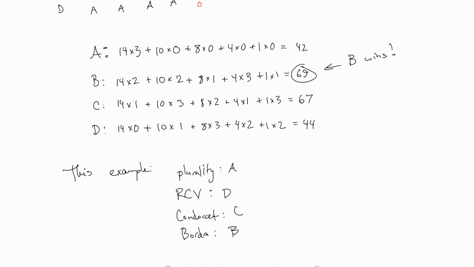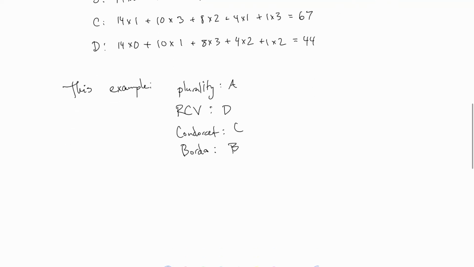They are just different ways to do it, and they give you 4 different answers. So the big moral of the story is, I would say it this way: different reasonable systems can give different winners.